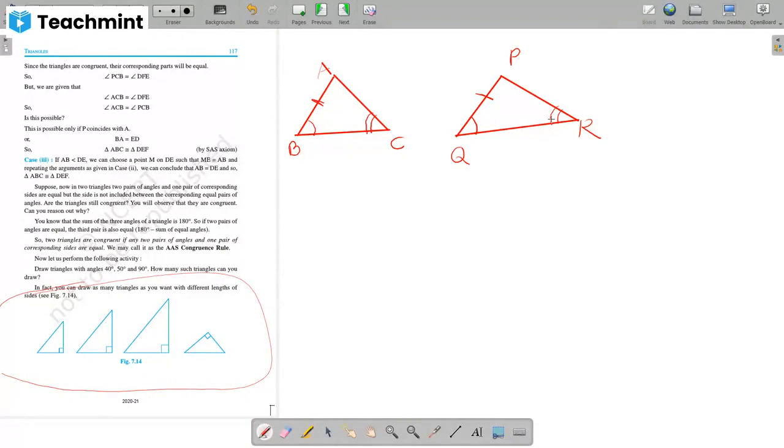Yes. Who said yes? Can you explain with reason? Ma'am, we can do it by angle side angle. Okay, how? Ma'am, if A is equal to P. But here A is not equal to P. Here C and R are equal.